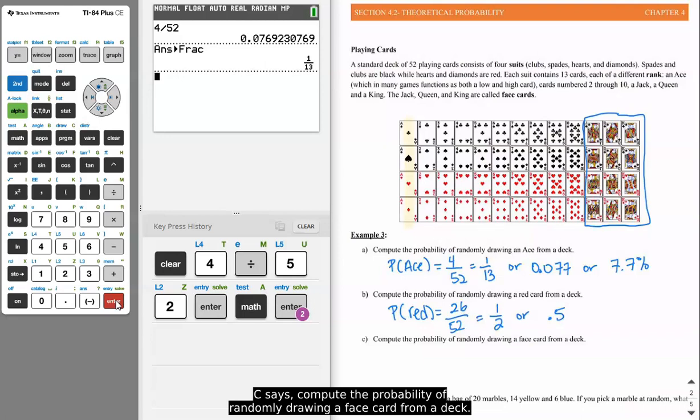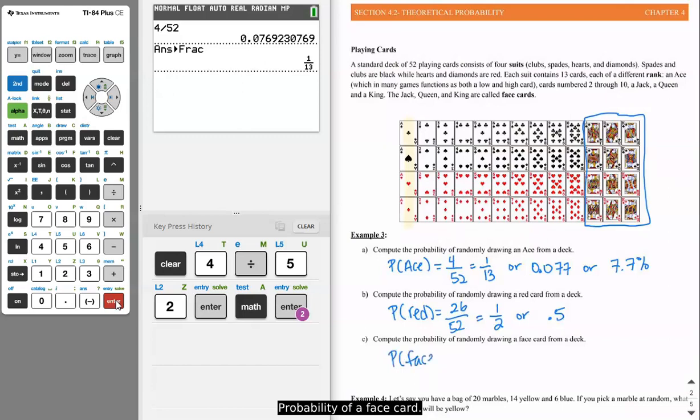C says, compute the probability of randomly drawing a face card from a deck. These are going to be the jacks, queens, and kings. There's 3 in each suit, 4 suits. So there's 12 face cards out of the 52.